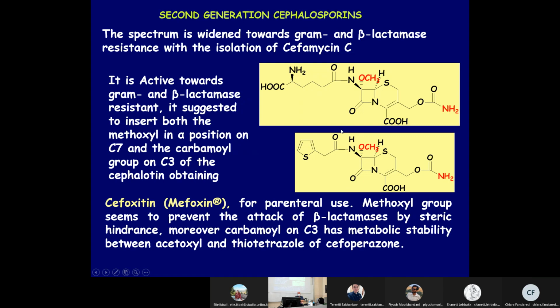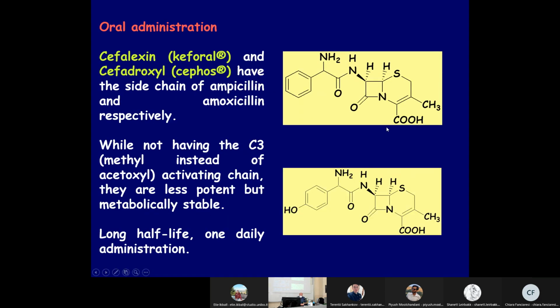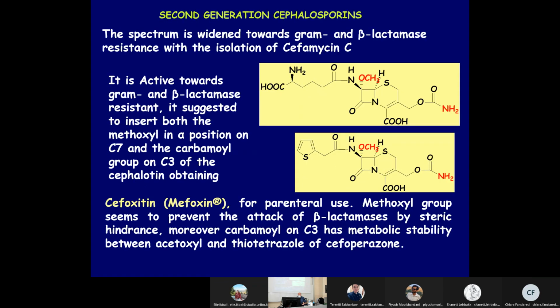Second generation. Okay, just a moment. The first generation cephalosporins are active only against the gram-positive, like penicillin. How can we improve the activity of the first generation?